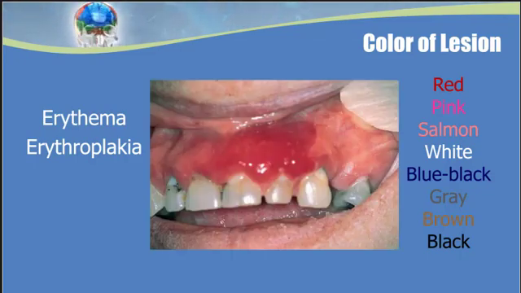Here's another example of erythroplakia. This one is in the gingival tissue, so it might be difficult for the untrained eye to distinguish this from erythema. However, in the gingival tissue, if I saw this, I'd be very concerned because the redness extends beyond the gingival margin, and there is a well-defined border to this erythroplakia.